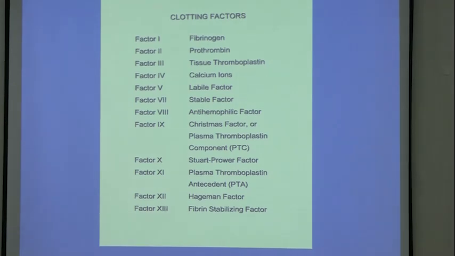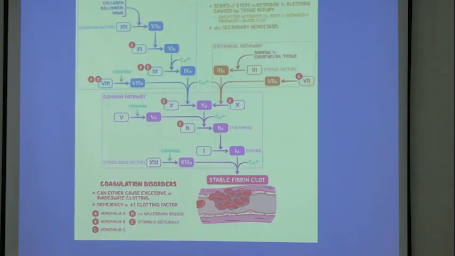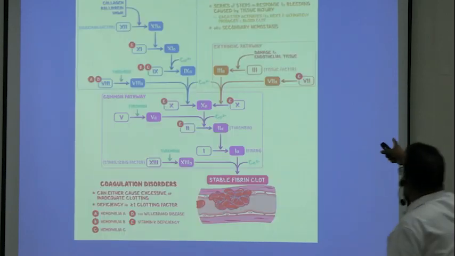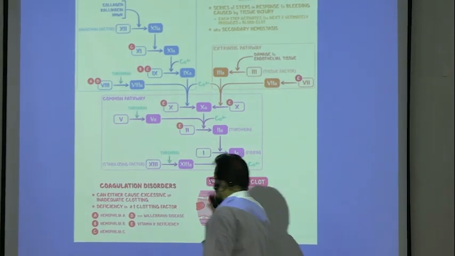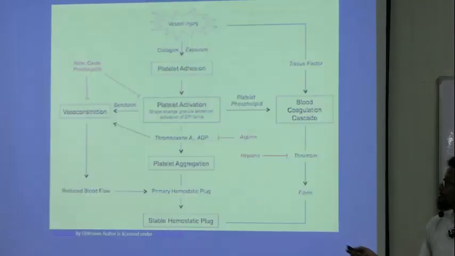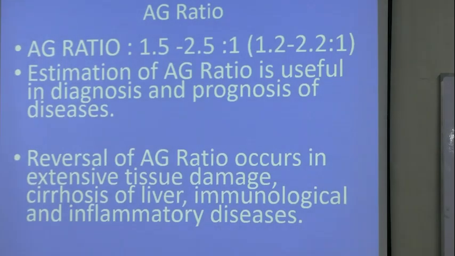One after another. One stimulates this one, this will stimulate this one, or we will call it what? Cascade. Cascade of events. It is explained that way. There are two pathways, intrinsic pathway and extrinsic pathway. So these are the pathways. This is the extrinsic pathway, this is the intrinsic pathway, and finally the clot is formed. And these you have to learn later.